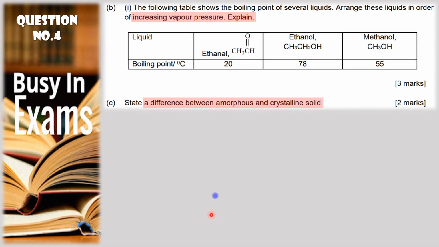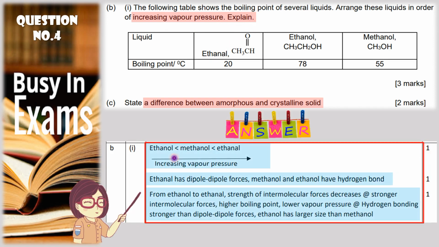Okay, so for B, it's given to you the boiling points of several liquids. First you have to arrange the liquids in order of increasing vapor pressure, and then you have to explain. So this is the sample answer. The relationship between the boiling point and the vapor pressure is inversely proportional.